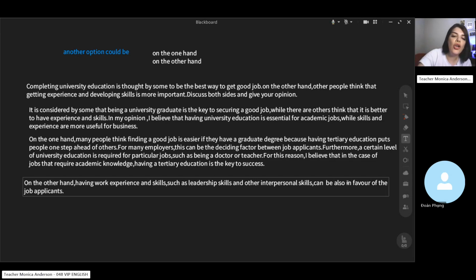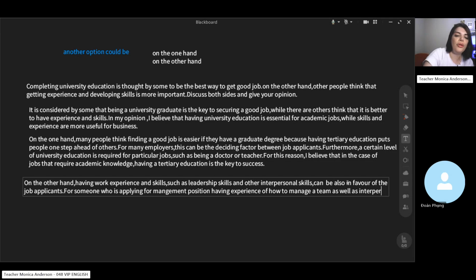So we can add, for someone who is applying for a management position, having experience of how, for example, to manage a team, in addition to interpersonal skills, as well as interpersonal skills.